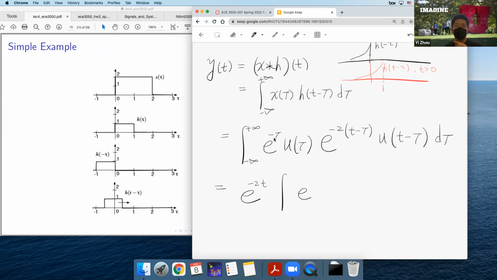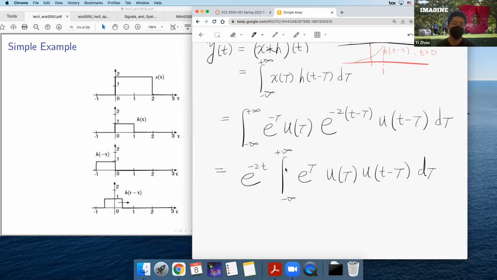And positive 2 tau minus tau gives e to the power of tau. So simplifying and combining all the exponentials, that's e to the power of tau, u(tau), u(t minus tau), d tau. Just simplifying everything, nothing else.